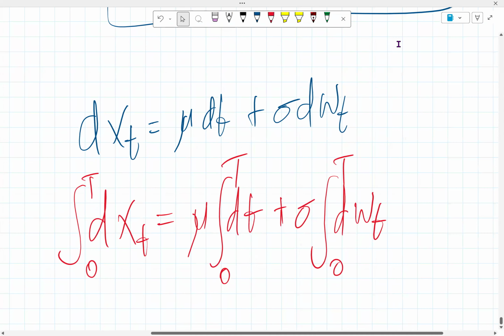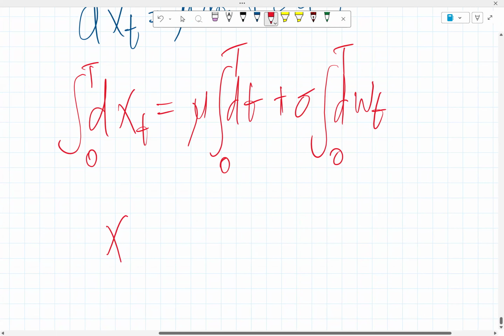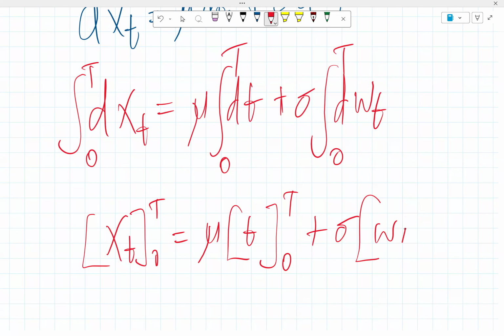Okay, so we then have the integral of dx of t, that will be x of t from 0 to t, and that is mu. When you differentiate, the integral of dt is t from 0 to t again, plus sigma dW_t, that will simply be W_t from 0 to t.